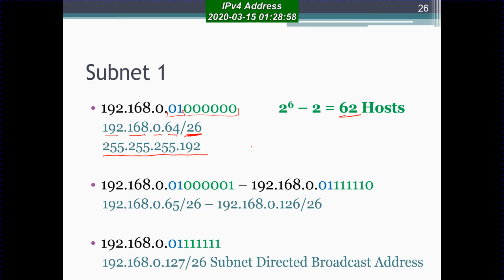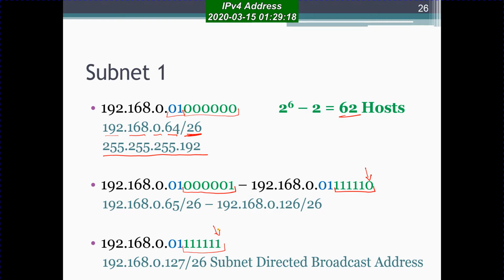Now the same story here. We generate the range of IP addresses by playing with the combinations of bits in the host address field. This is the minimum value you can have in the host address field, and this is the maximum. You see, the last bit is always set to 0. Why? Because if you set it to 1, all the bits in the host address field are equal to 1.